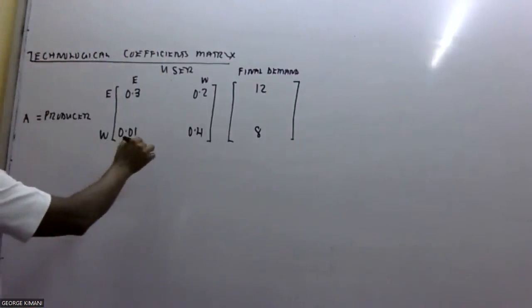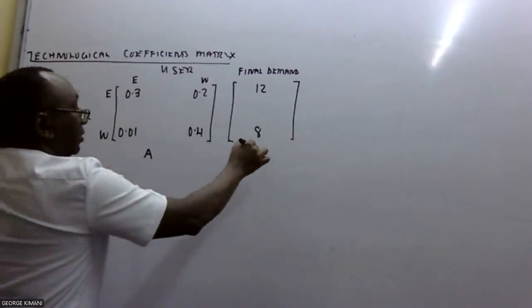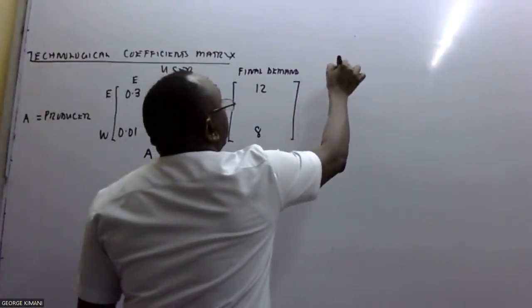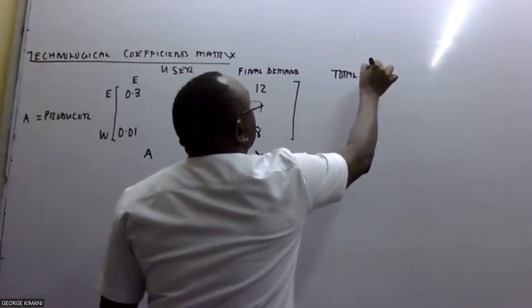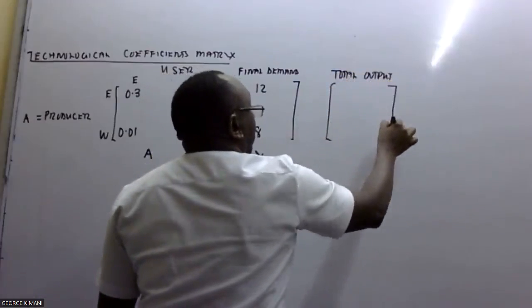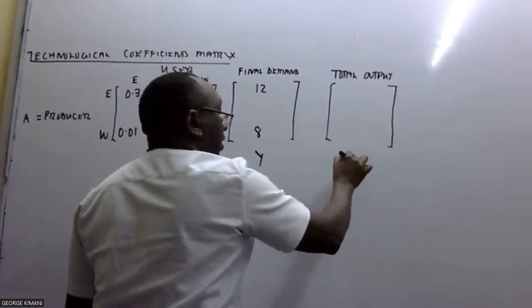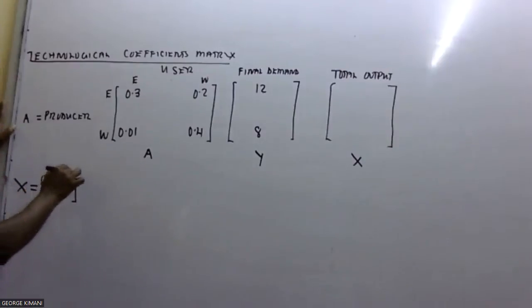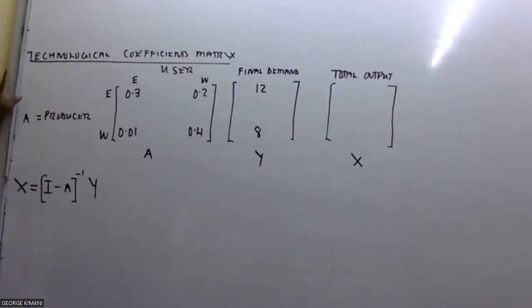Now this is our matrix A and this is our matrix Y. Look at all your total output. You have the ratios, you use the formula. The X is I minus A inverse multiplied by Y.